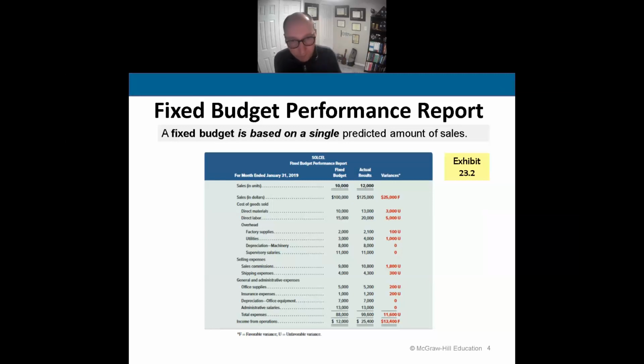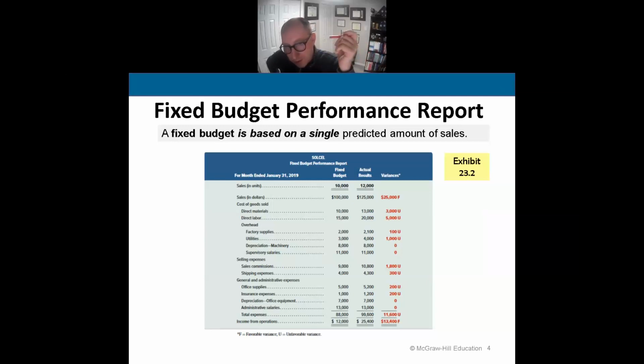On the left column, we see the fixed budget amounts. As I had said, we cannot change the budgeted amounts. It's fixed. They don't change with the level of output. So I projected my sales budget of 10,000 units.